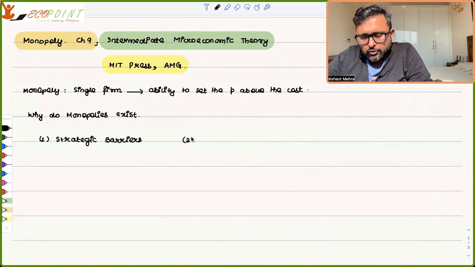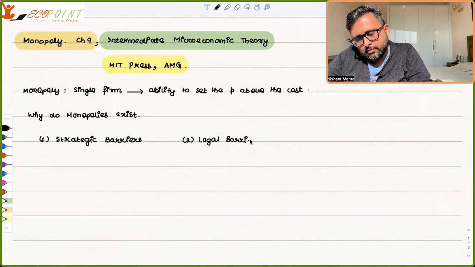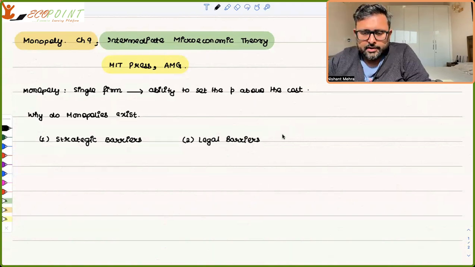The other reason could be legal barriers.